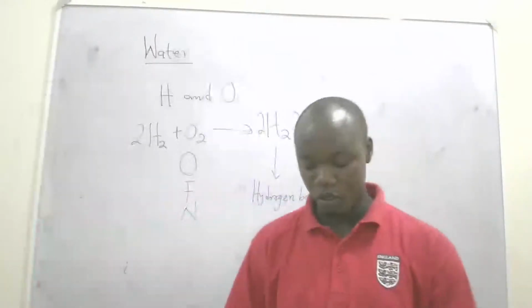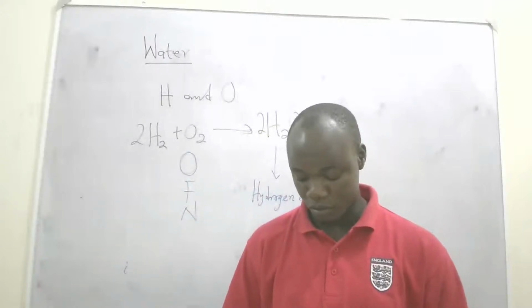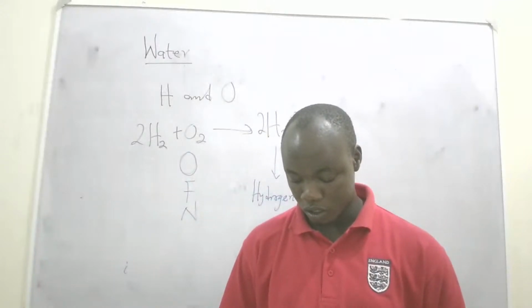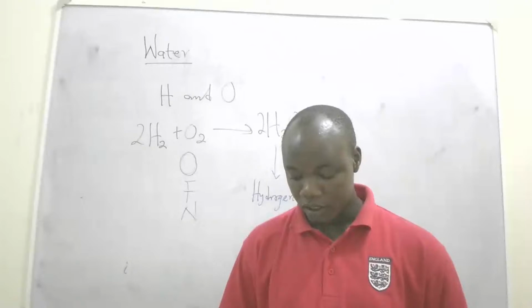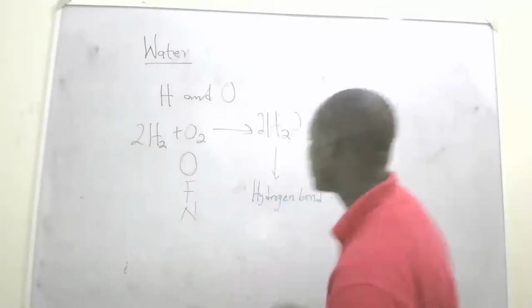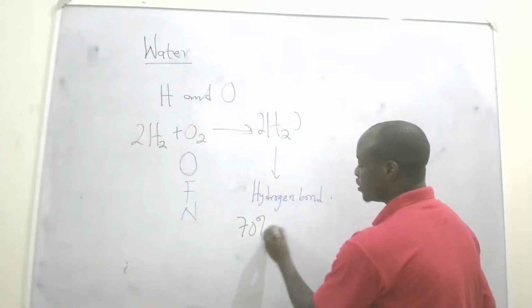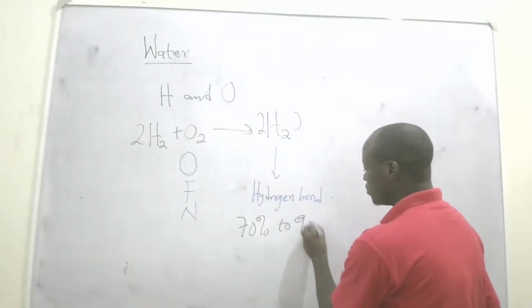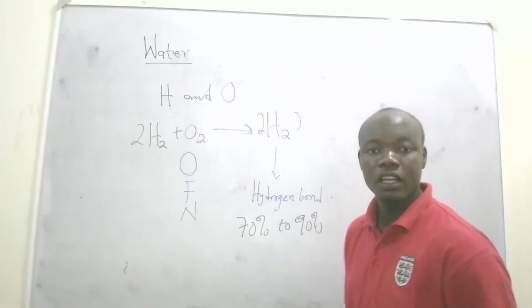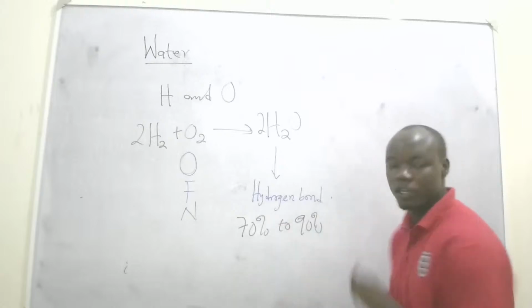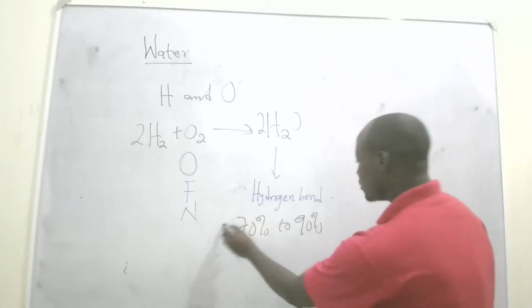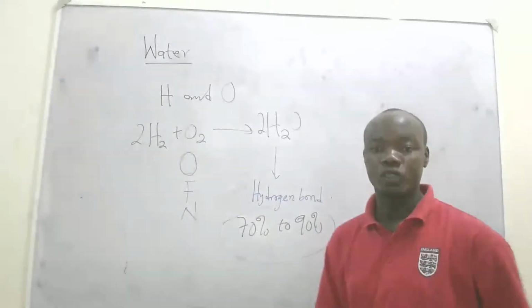In fact, about 70% to 90% of a living cell is made up of water.